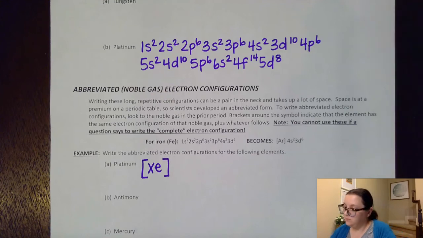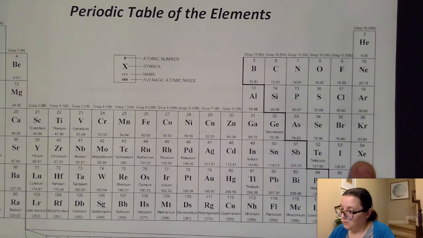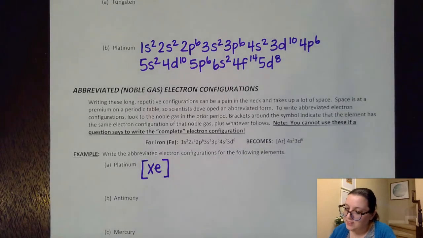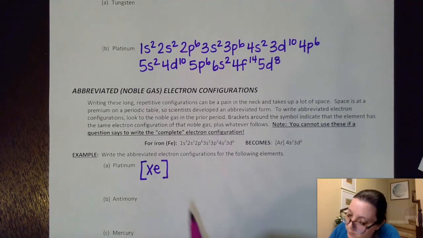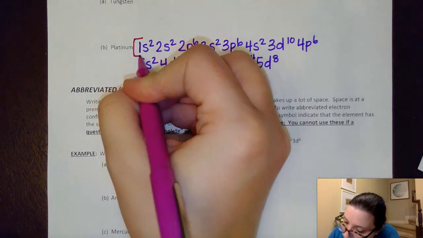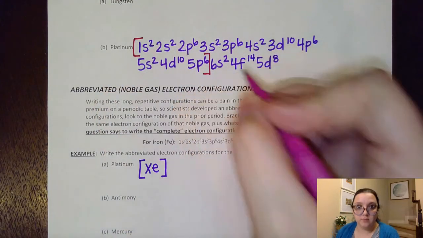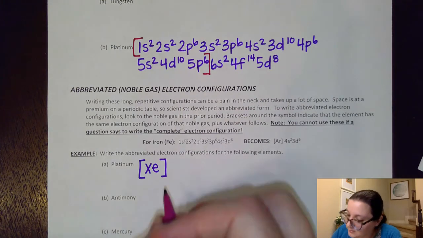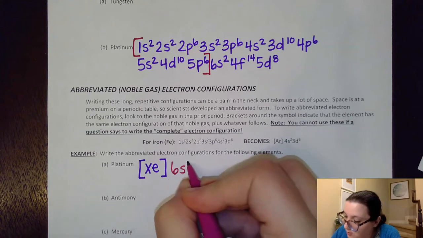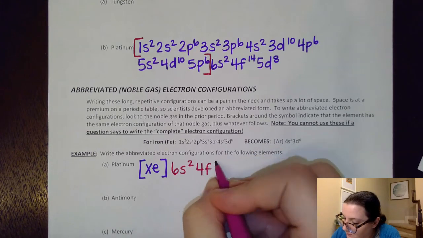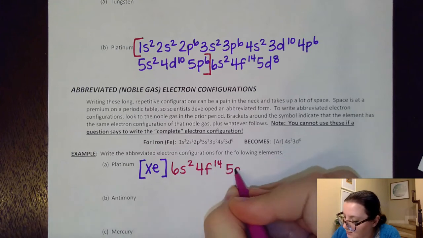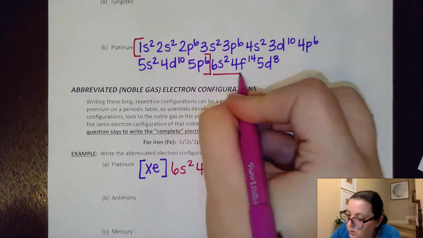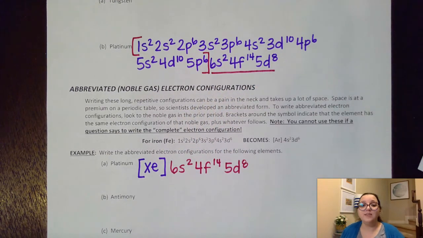So if you notice back up here, xenon would have taken us all the way through 5p. So what that means is that this here in brackets basically abbreviates everything to this point. Wow. So now what I went through after xenon is simply the 6s2, 4f14, and 5d8. I only had to include what came after that xenon. So you can see that saved quite a bit of time, right?